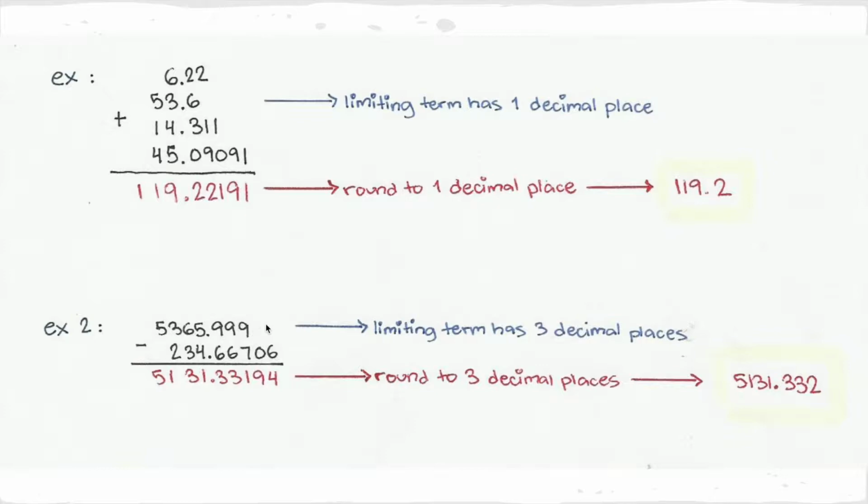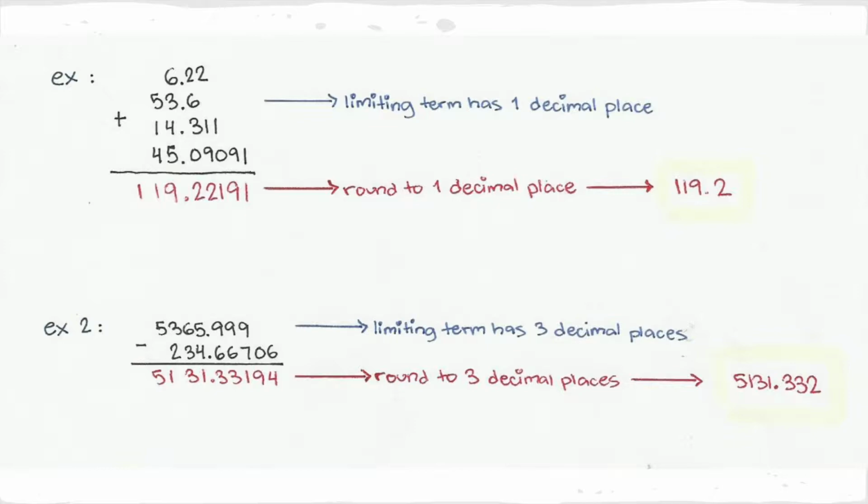You're not sure of the 4th and the 5th. So when I subtract, why suddenly are you sure of the 4th and the 5th? You get what I mean? You're only precise up to the 3rd decimal place. So where did this number come from? I'm not sure at the 4th and 5th decimal places. That's why we base it on the least number of decimal places.